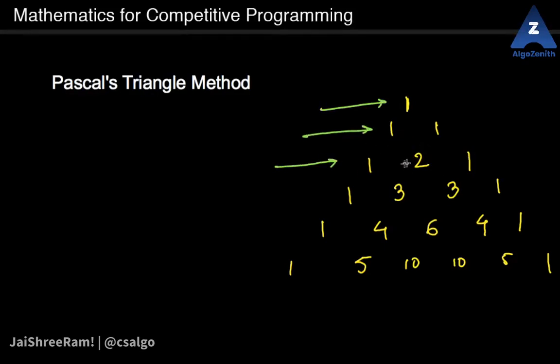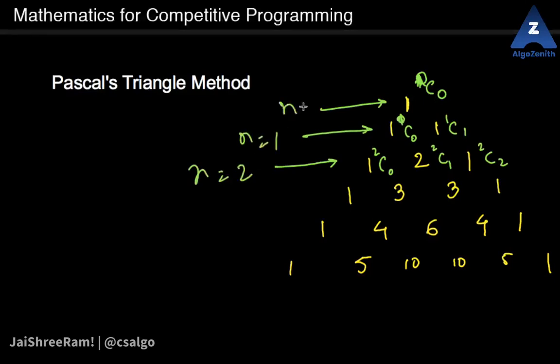This is 0 choose 0, 1 choose 0, 1 choose 1, 2 choose 0, 2 choose 1, 2 choose 2, right? These are the values I've written over here, and these are nothing but binomial coefficients. This is for n equal to 2, n equal to 1, n equal to 0 and so on, right? These are all values of binomial coefficients only.